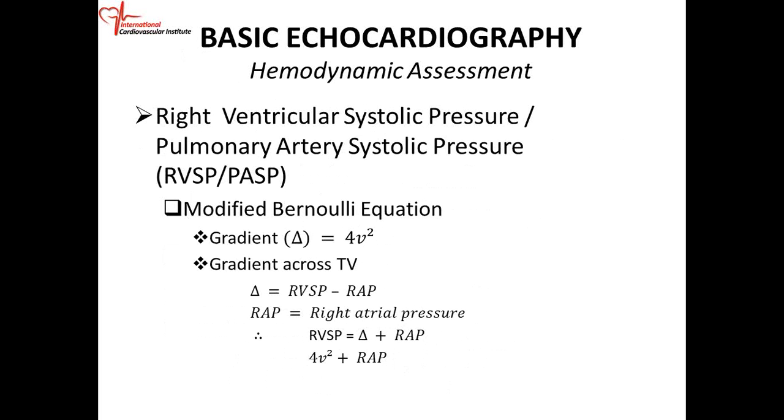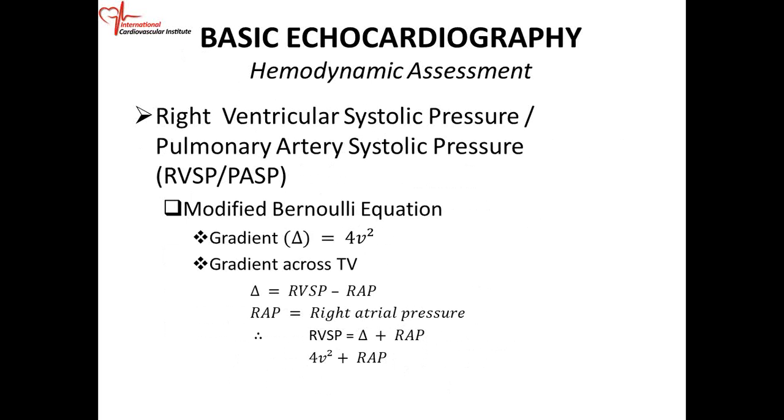Now, if we can use this equation to calculate gradient, then we can also calculate absolute pressure. Just think about it. Let's look at tricuspid regurgitation. When you have tricuspid regurgitation, blood is flowing from the right ventricle across the tricuspid valve into the right atrium.